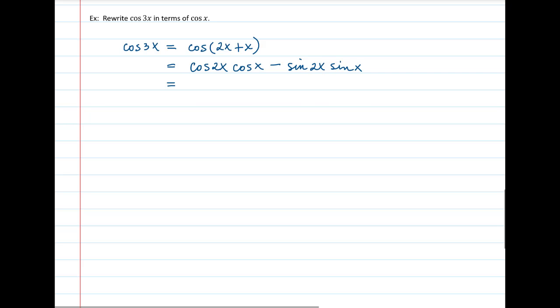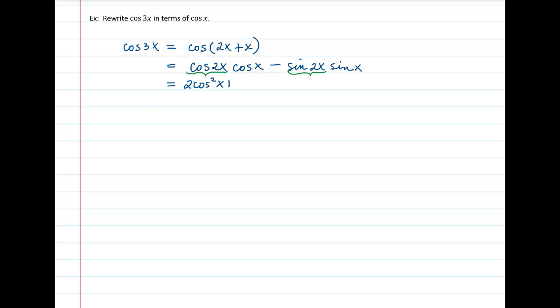We want to end up with an expression in terms of cosine of x only. So we start with the cosine of a sum identity: cosine of 2x times cosine of x minus sine of 2x times sine of x.